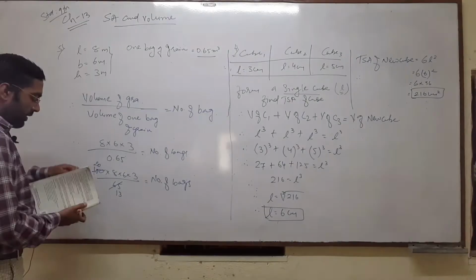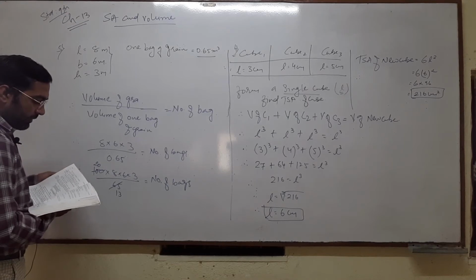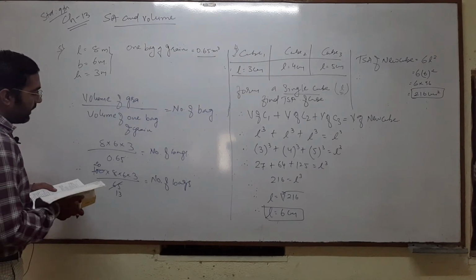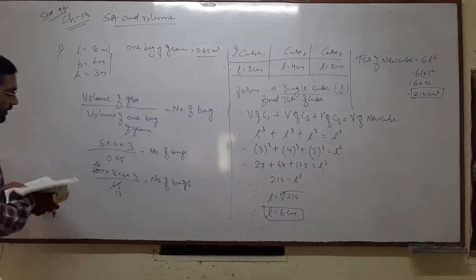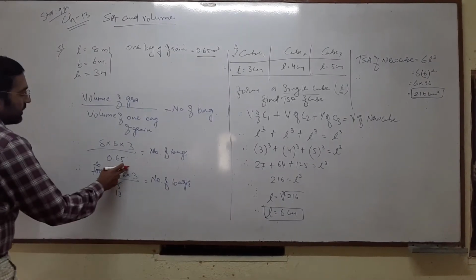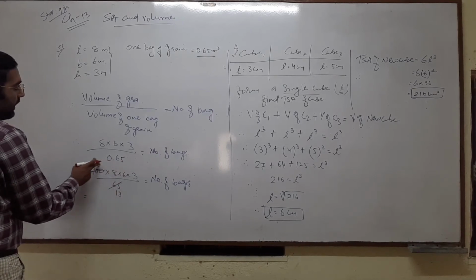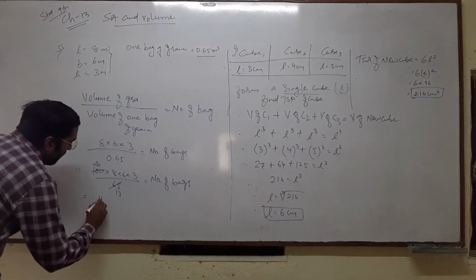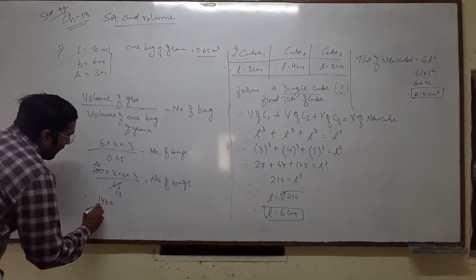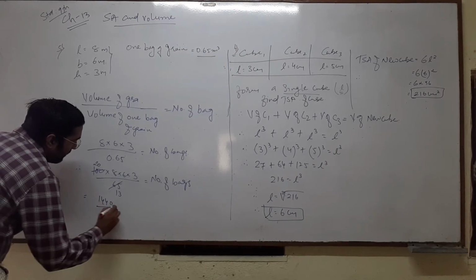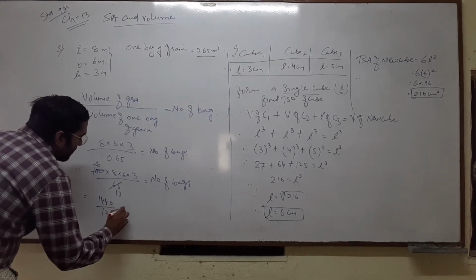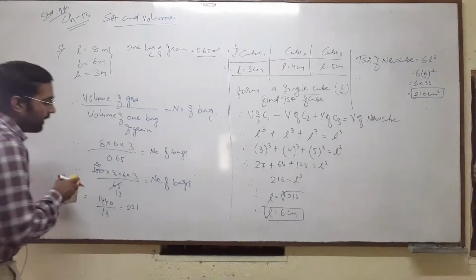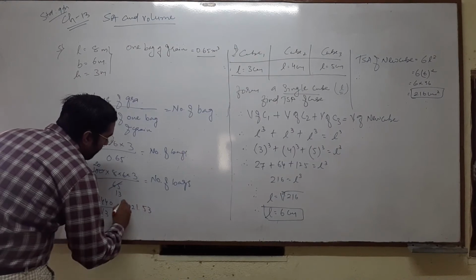After that we have to multiply them: 6 3s are 18, 18 2s are 36, 36 4s are 144, and 1440 divided by 13 is approx 221.53.